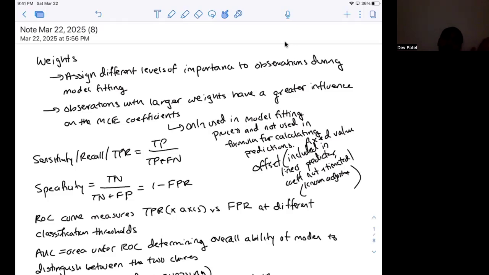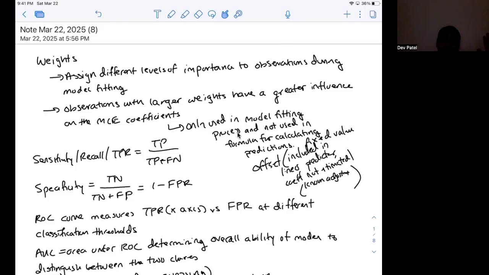When we look at the ROC curve, it plots the true positive rate, which we talked about, the sensitivity or the recall, versus the false positive rate at different classification thresholds. So not just at 50%, but at 60, 70, at a range of classification thresholds, it's going to plot how the FPR, the false positive rate, performs against the TPR.